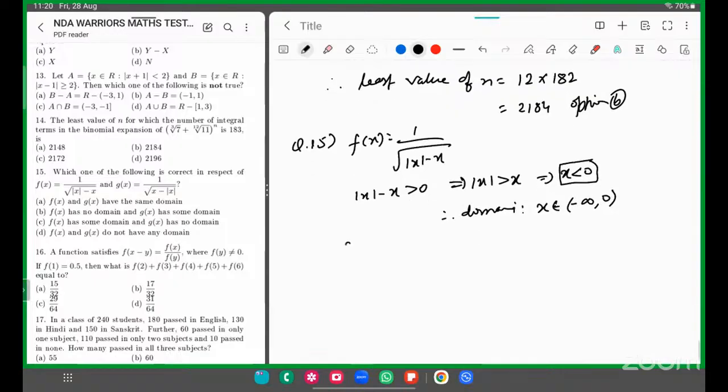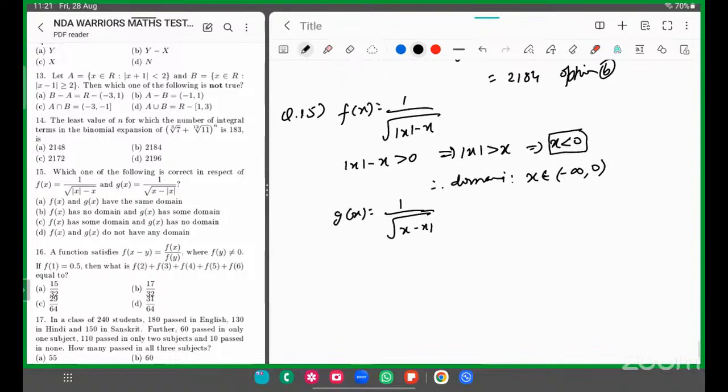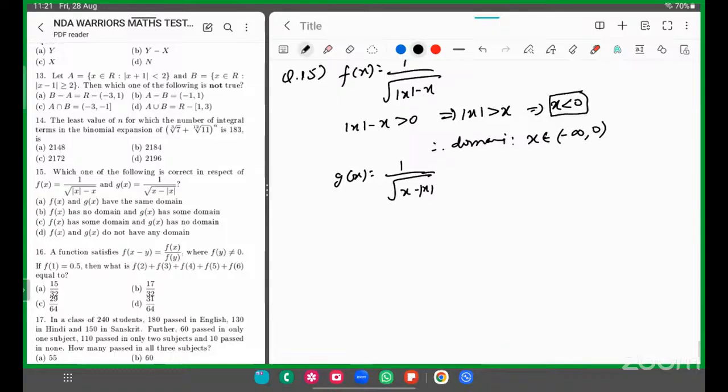ओके, सेकेंड फंक्शन क्या दिया है, g(x) is equal to 1 upon under root x minus |x|। इसको भी सॉल्व करो। x minus |x| must be greater than 0.